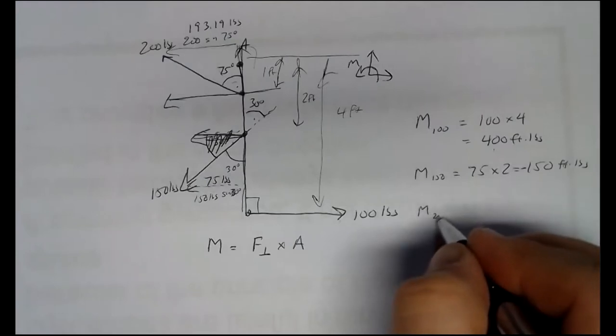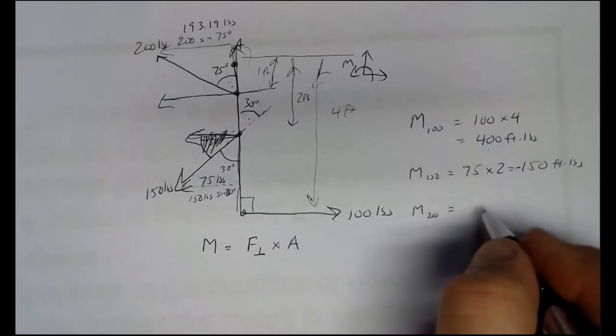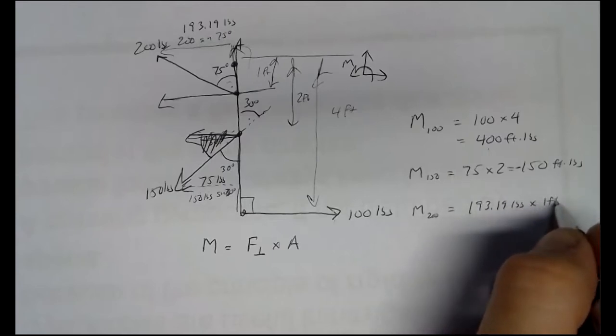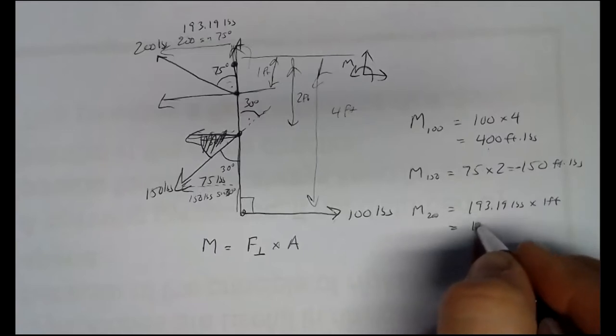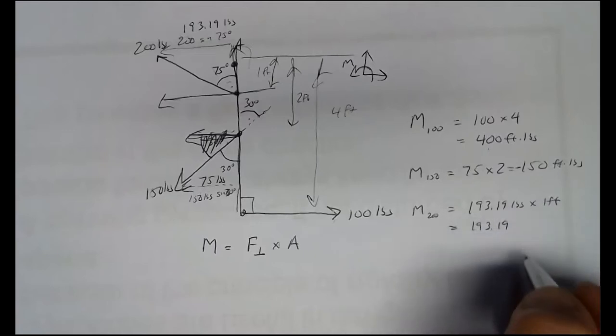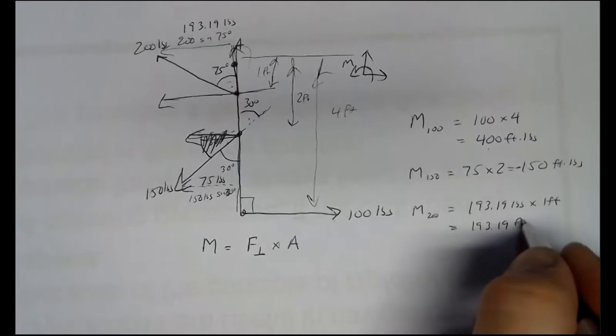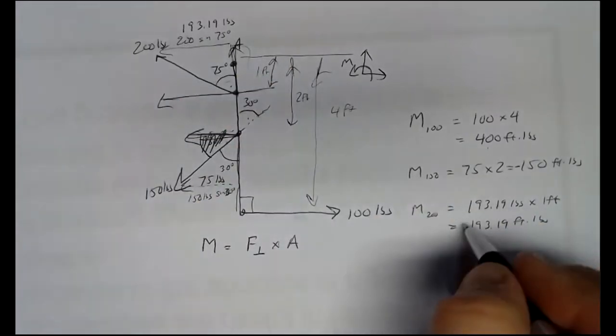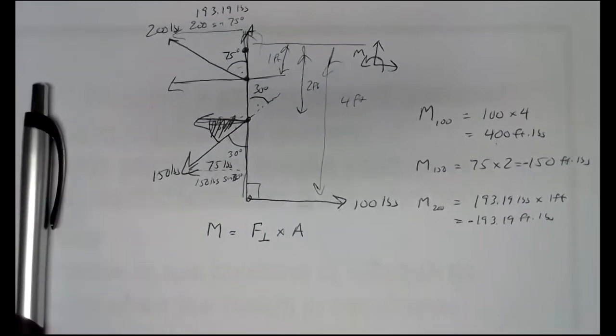So the moment due to the 200-pound force is going to be 193.19 pounds times 1 foot. So that's 193.19 foot-pounds. That would also cause a clockwise moment. Clockwise moments are negative.